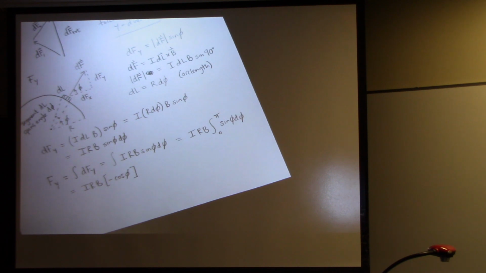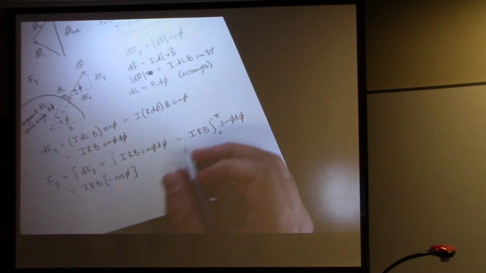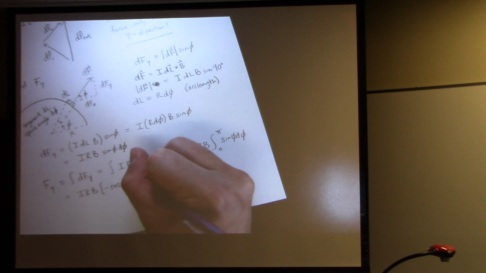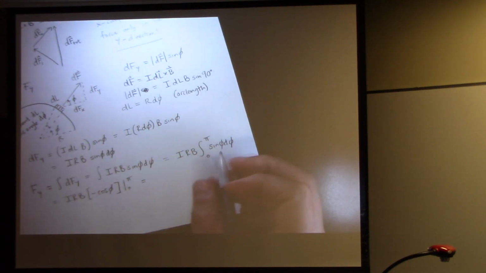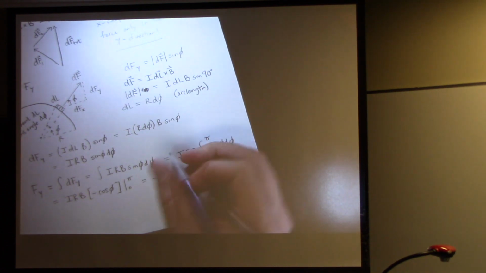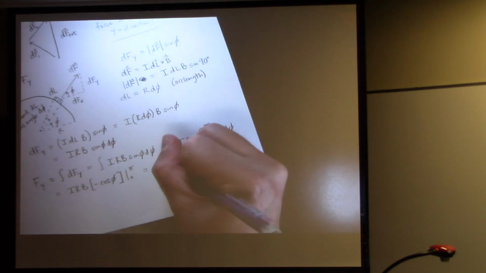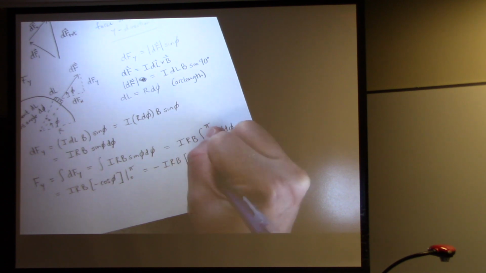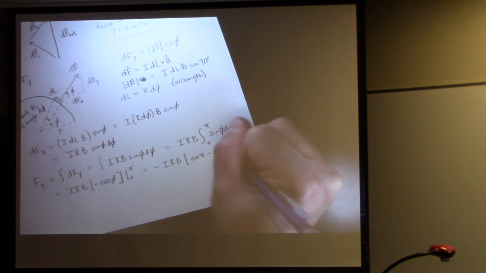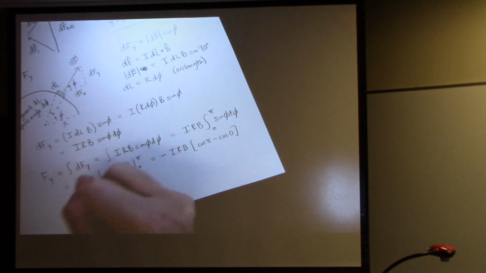Okay. And so I have minus cosine evaluated from 0 to pi. And let's plug in those limits. So I have a negative sign out front from here, IRB, then I have cosine of pi minus cosine of 0, which means I have minus IRB.